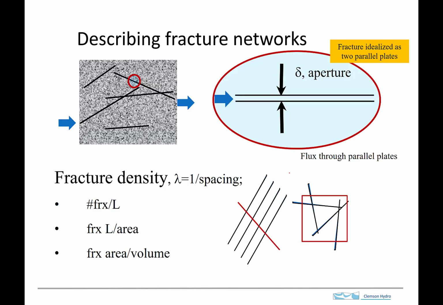So it's convenient to think of fractures as a slot with an aperture that is the separation of these two plates. A set of parallel plates, like I show in this ellipse, is a convenient way to think about a fracture.